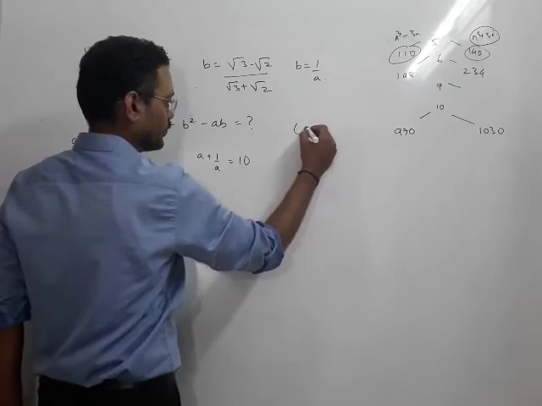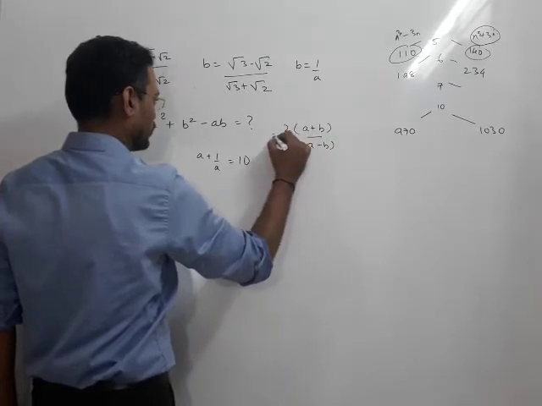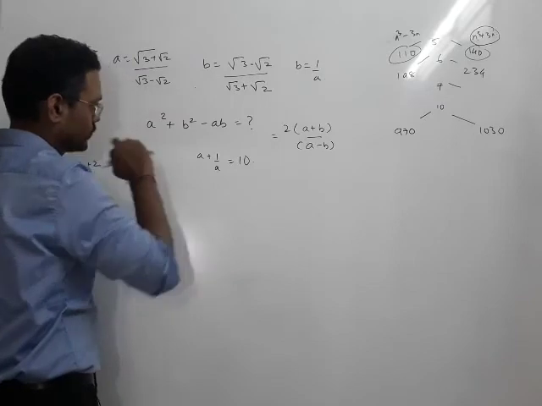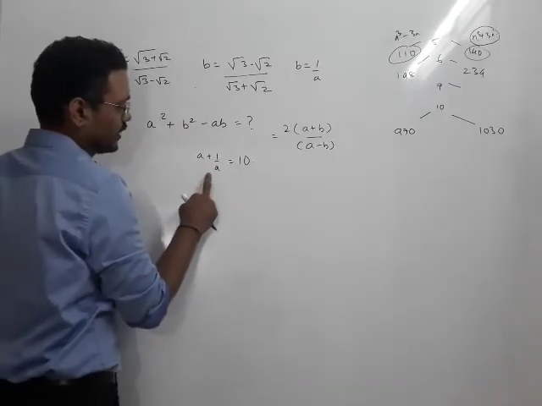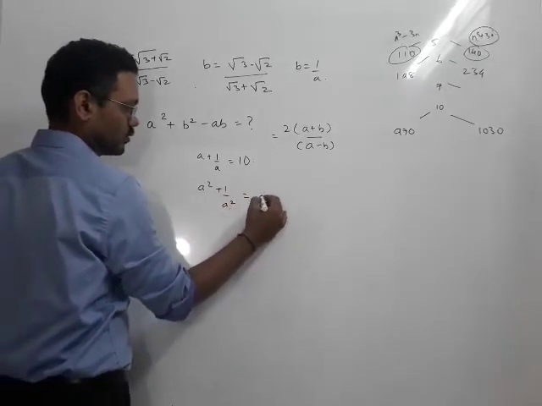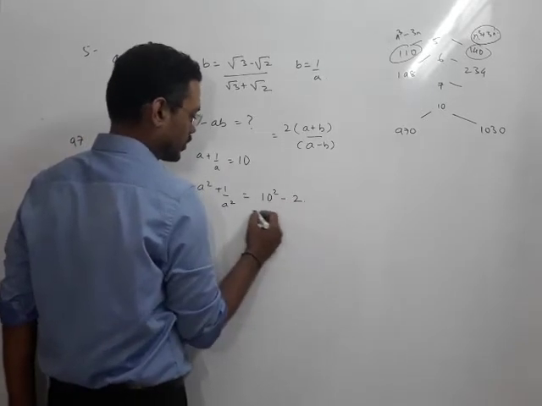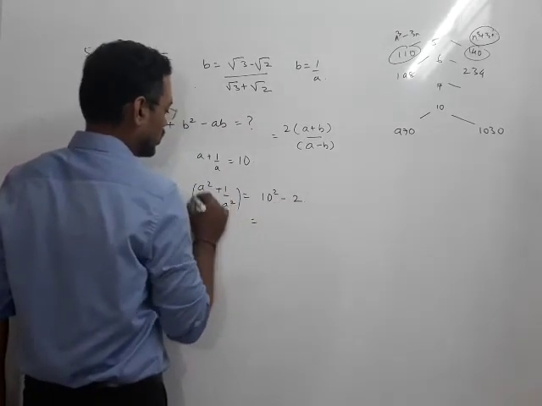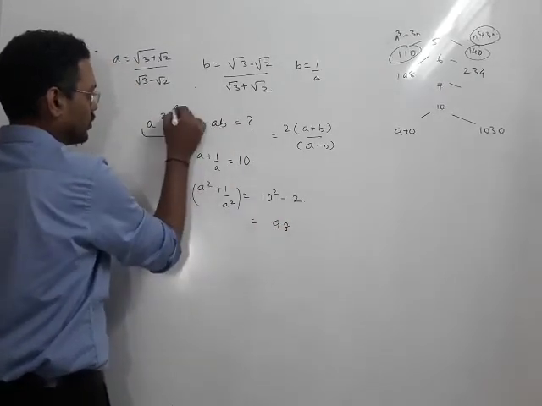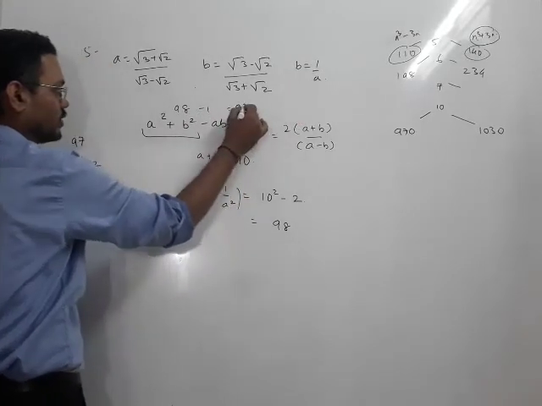Using that formula, what will be A square plus 1 by A square? 10 square minus 2. What is that? 98. Put the value here, 98 minus 1. AB is 1. So 97 is my answer.